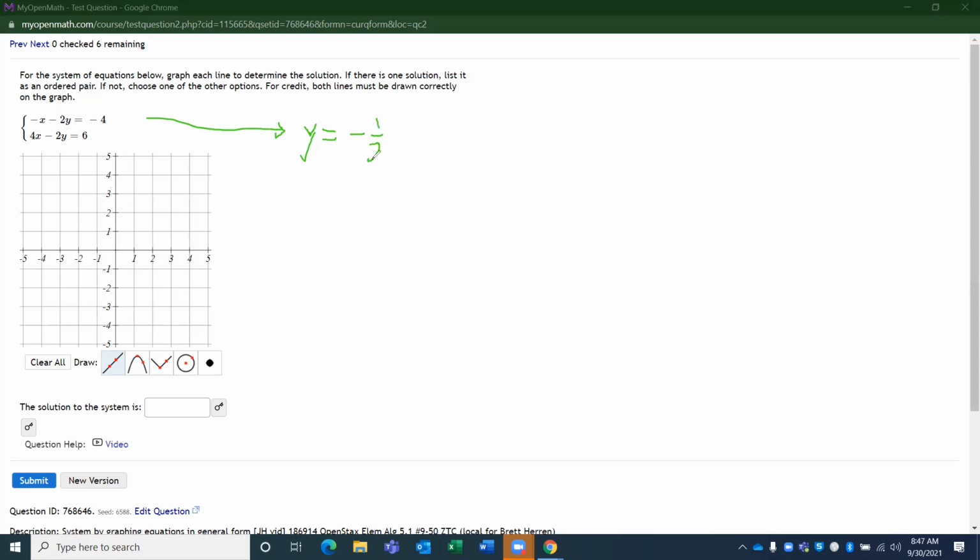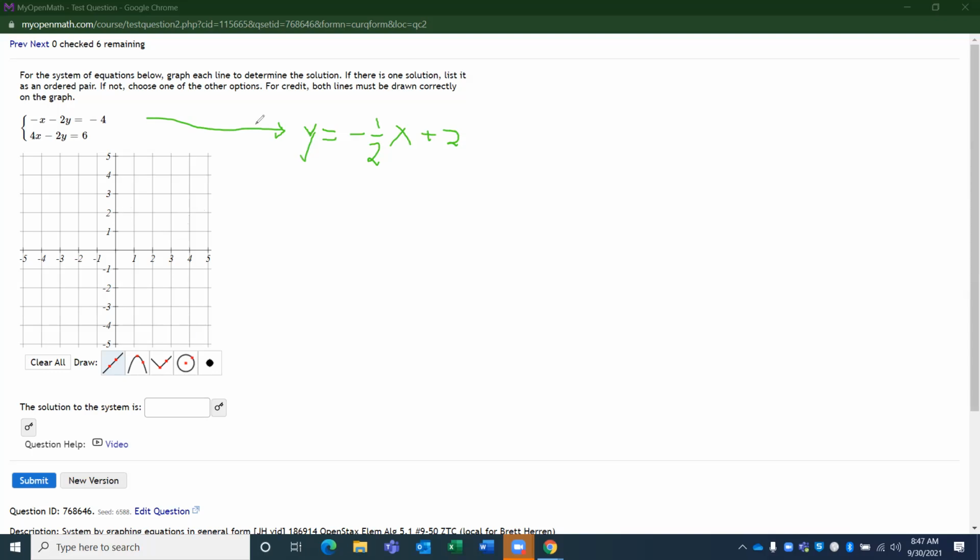I'm just solving it in my head real quick to save time. Add that over, divide by 2, and then divide by plus 2. Yeah, that's right.